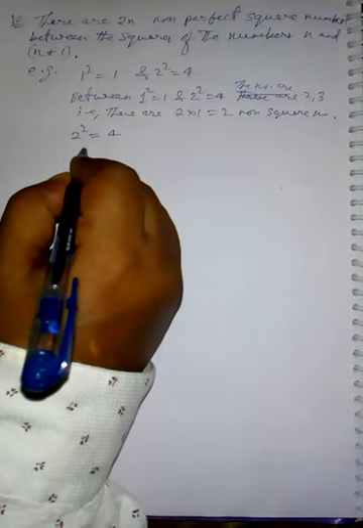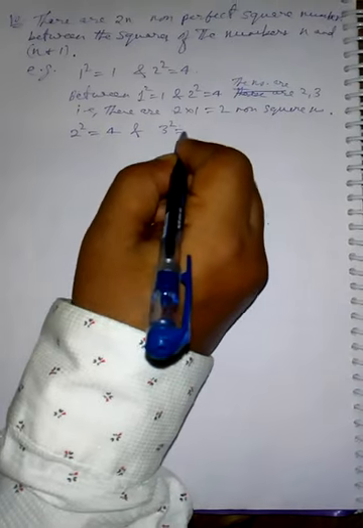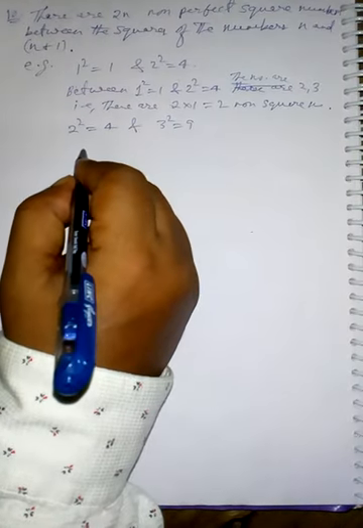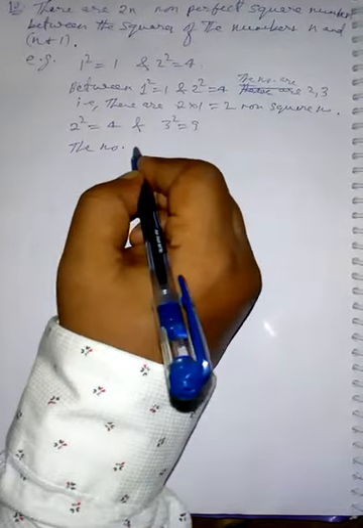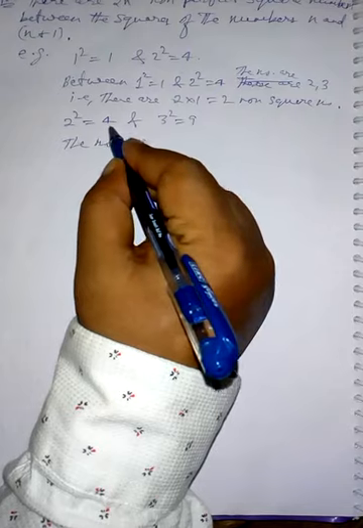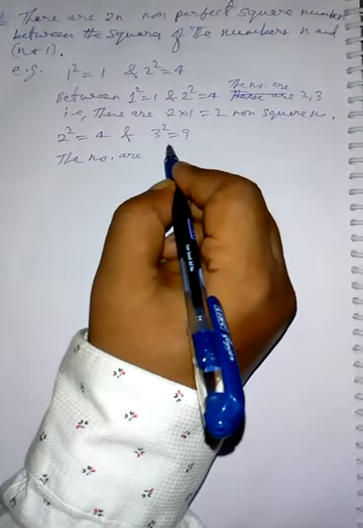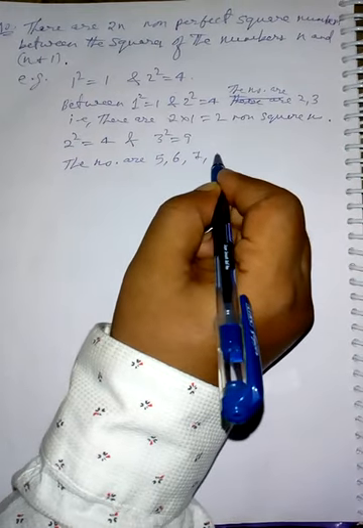Another example we can write is 2 square equals 4 and 3 square equals 9. You see, the numbers are 5, 6, 7 and 8.